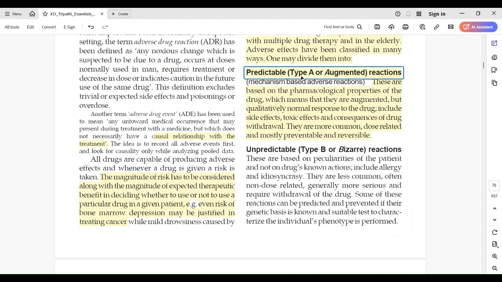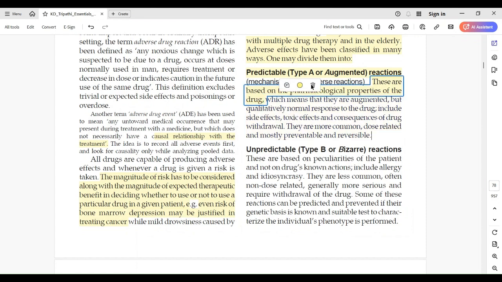As we increase the dose, the intensity of adverse reactions will increase, and they are preventable by decreasing the dose. The adverse reactions are reversible, meaning once we stop the drug, they will disappear and we will get relief from adverse reactions.